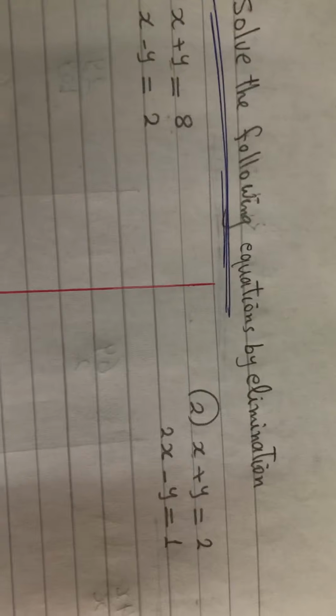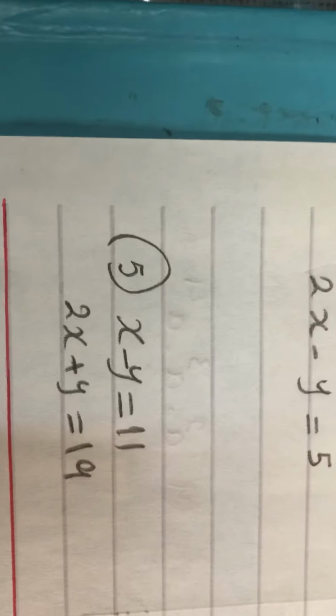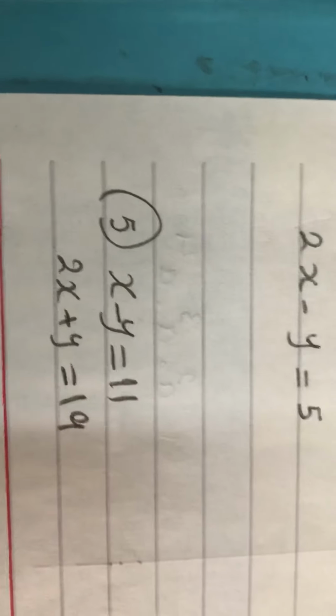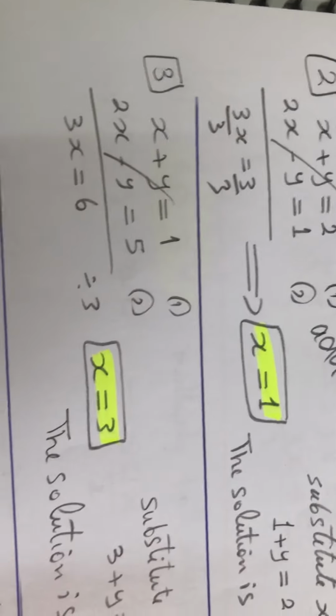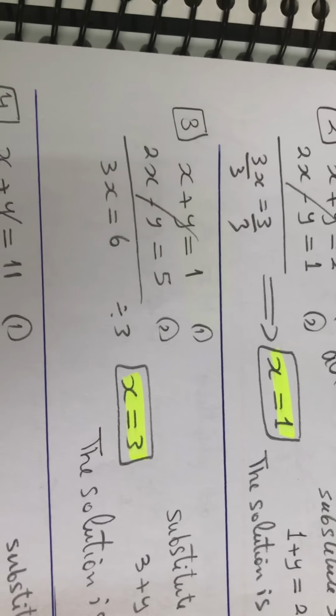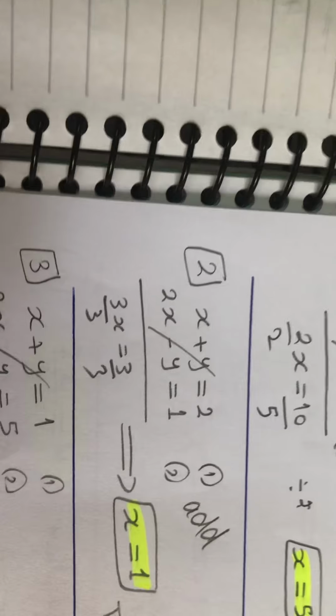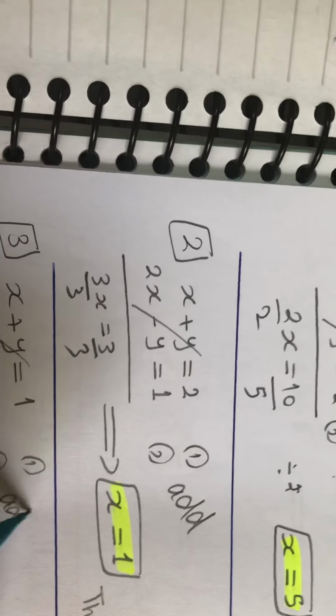The third equation, I also ask you to use elimination. x minus y and 2x plus y. The first one equals 11, the second equals 19. So label each equation and add. You will get 3x, cancel y with y, like this.